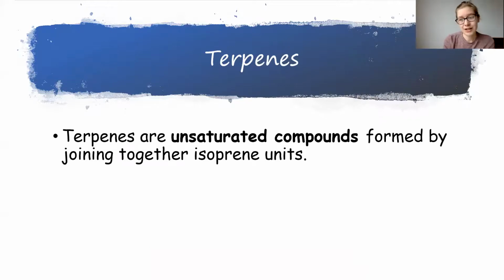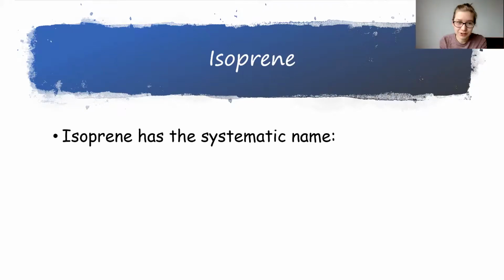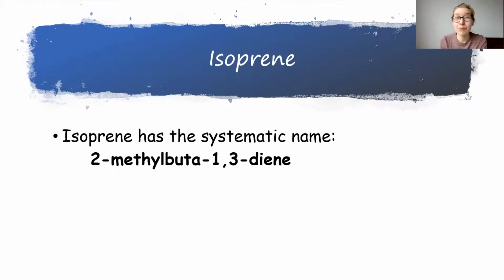Terpenes are unsaturated compounds formed by joining together isoprene units. So we know if they're unsaturated, then they can be joined together through addition reactions. An isoprene unit is a molecule that's got the systematic name 2-methyl-buta-1,3-diene.